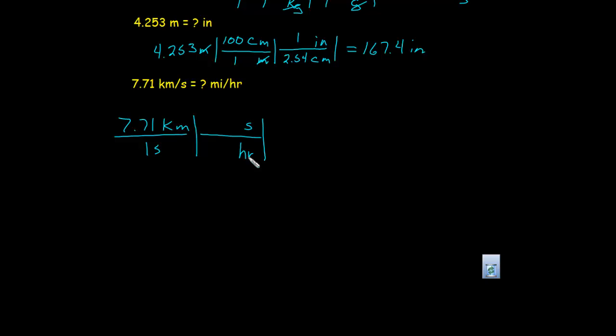Now if you think about it, for every 60 seconds we have a minute, and for every 60 minutes we have an hour, which would equate to, for every 1 hour we get 3,600 seconds. Now, we've got to go kilometers to miles, and we have to look that one up very quickly and figure out how far that is.